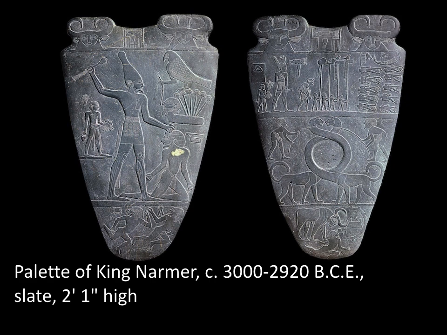And here, the king, he is on the left tablet. He is the biggest figure with his crown, and the figure that he is attacking or murdering is actually the king of Lower Egypt.